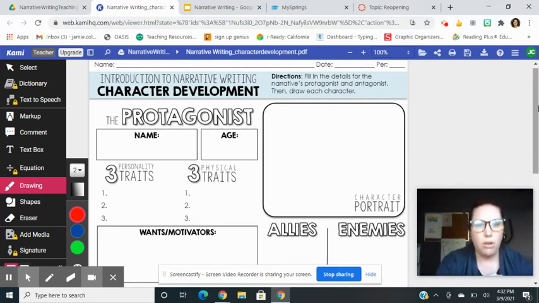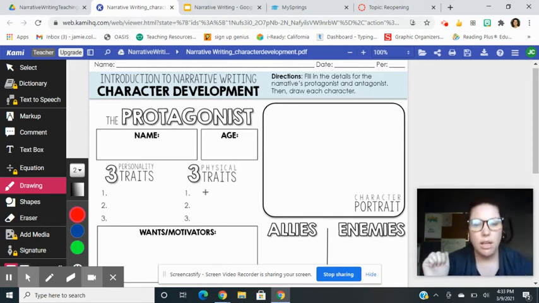Think about who is going to be your main character, your protagonist. What is their name? How old are they? What personality traits do they have? Maybe they're kind. Maybe they're loud. Maybe they like to speak their mind. These are all personality traits. What are their physical traits?